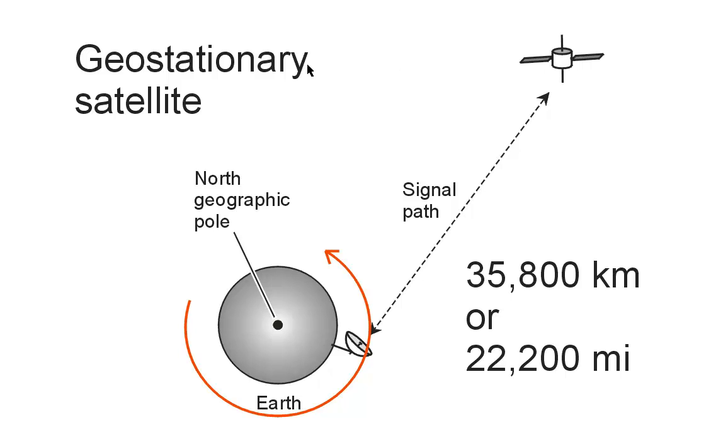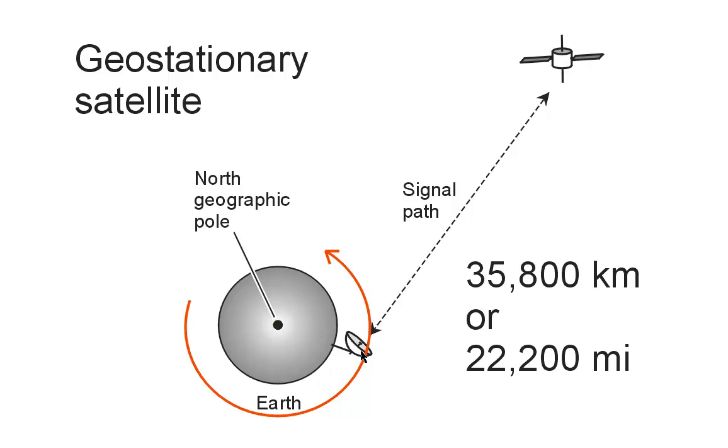And again, what we're looking at here is the Earth viewed from right above the North Pole, so that the Earth appears to rotate counterclockwise once every 24 hours with respect to the Sun, or once every 23 hours and 56 minutes relative to the distant stars.